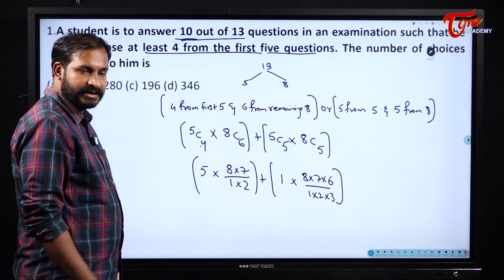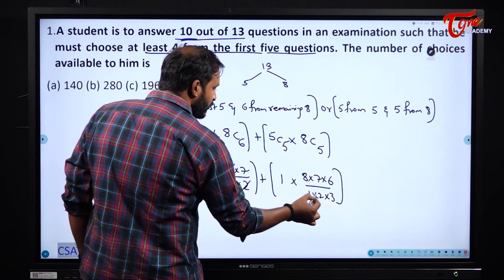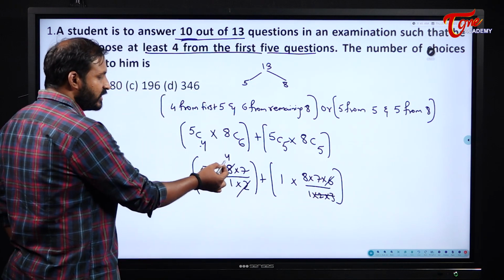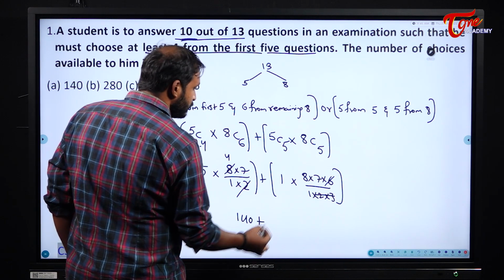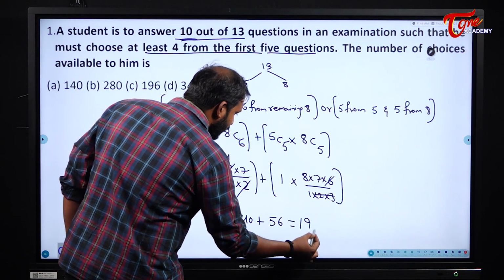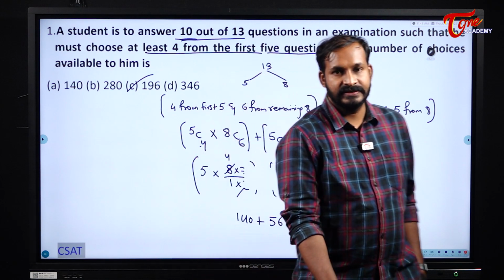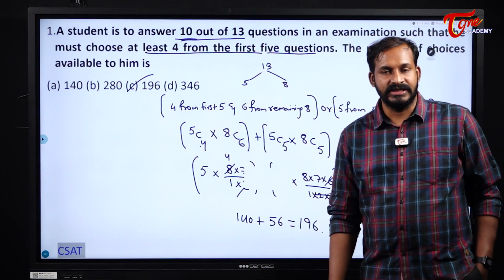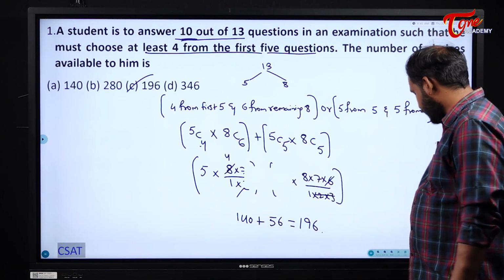So the 6s get cancelled. Now 5 4s are 20, 20 7s are 140, plus 8 7s are 56. So overall what will I get here? 196. So he can answer the questions in 196 different ways.